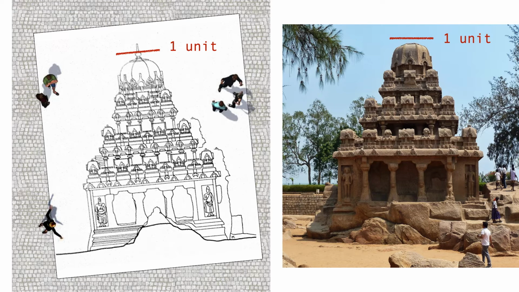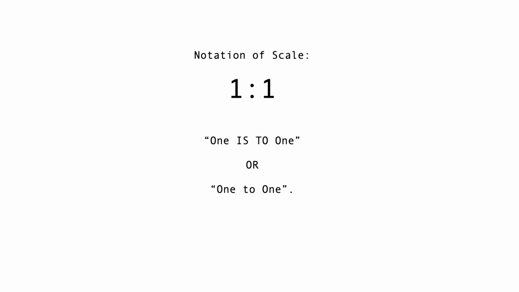When the drawing is the same size as the building, there is no reduction of scale. That means that 1 unit of measurement on paper represents the same 1 unit on the actual building. When this happens, we say that the scale is 1:1. Both ways of saying it are correct, but this is the way to write it, 1:1.